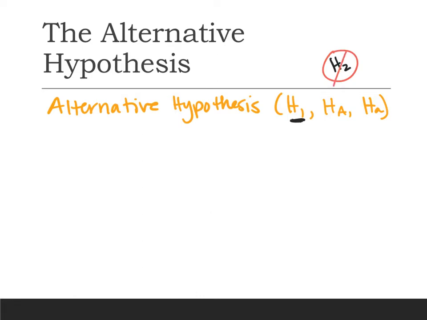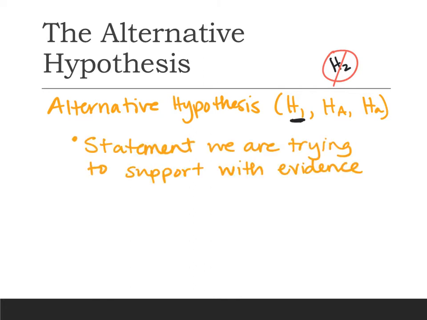So that's our alternative hypothesis. What is it? It's our statement that we're trying to support with evidence. We're looking for our sample data to give us the evidence we need to support this statement. If we go back to the idea of being in court, the null hypothesis was innocent until proven guilty.